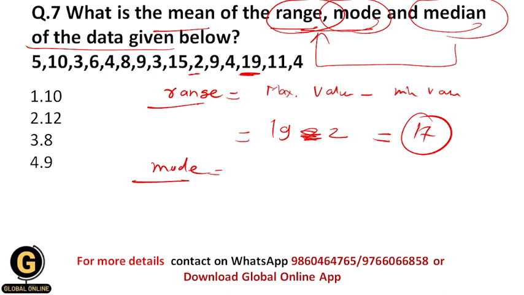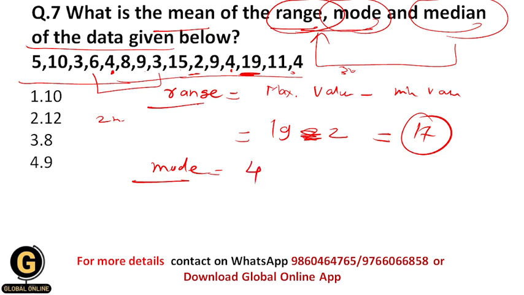So whenever you see these numbers, let us find the number which occurred most frequently. 5 occurred only one time, 10 occurred only one time, 3 occurred 2 times, 6 occurred one time, 4 occurred 3 times, 8 occurred only one time, 9 occurred 2 times, then 15 occurred one time, 19 occurred one time, 11 occurred one time. So the most frequently occurring data value is 4, and that's why mode will be 4.